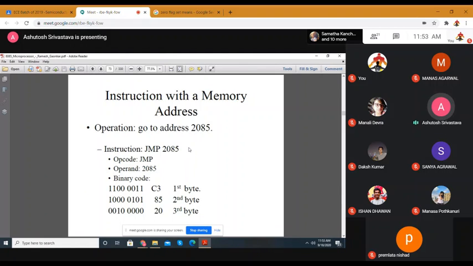Okay, so the instruction is go to address 2085 in your external RAM memory. So the operation code is jump and the operand here is 2085. If you want to do any kind of arithmetic or logical operation to the contents stored in your external memory having address 2085, you would use this statement.